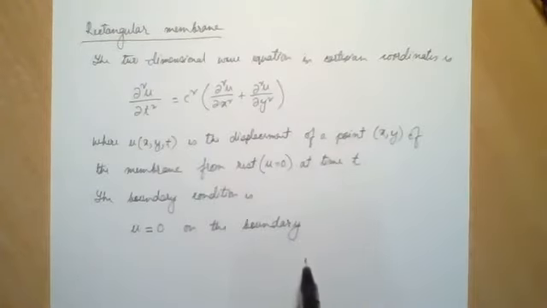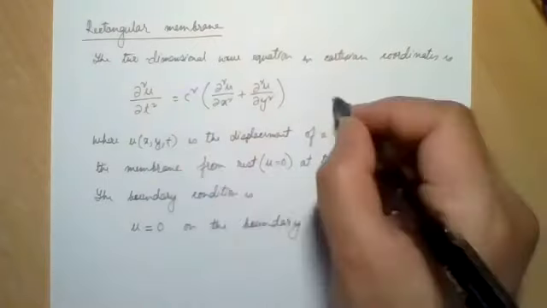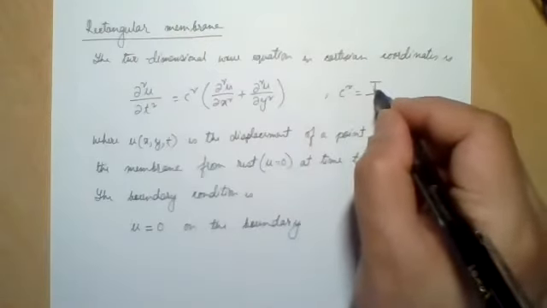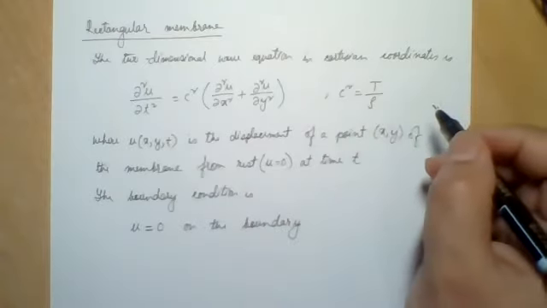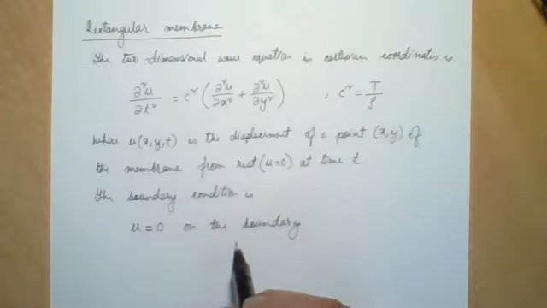That is, the membrane is fixed at the boundary. I repeat here, this c² is nothing but the tension divided by mass per unit area. And the boundary condition is u equal to 0, that is, the membrane is fixed along the boundary in the xy plane for all times.